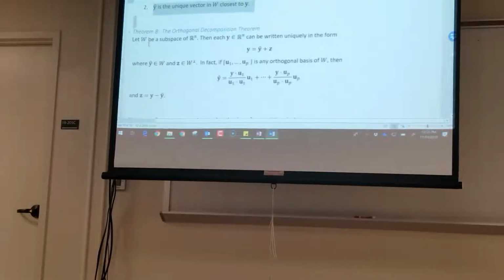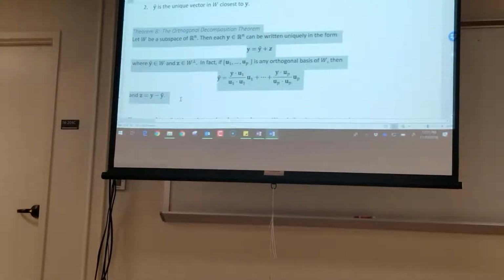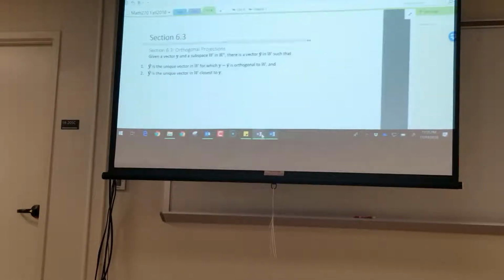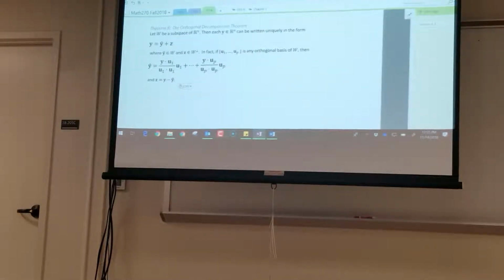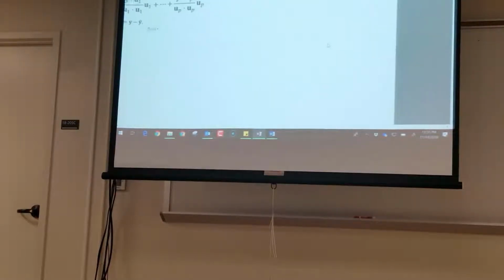So, our first theorem has kind of like a construction, but also a way for us to find the components and the ideas. And it falls under this theorem.